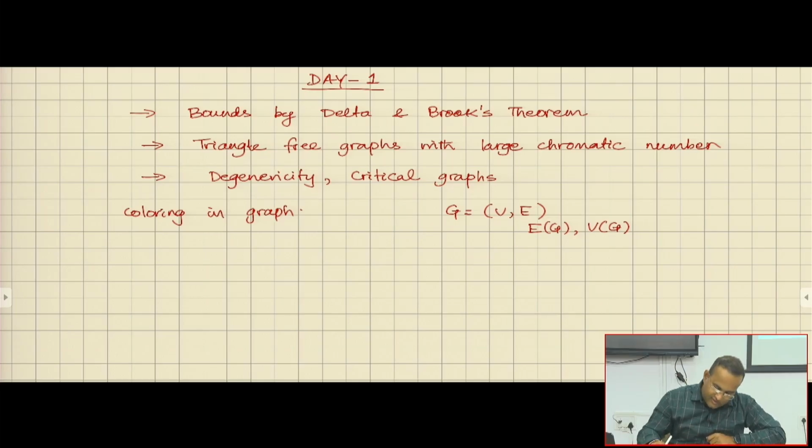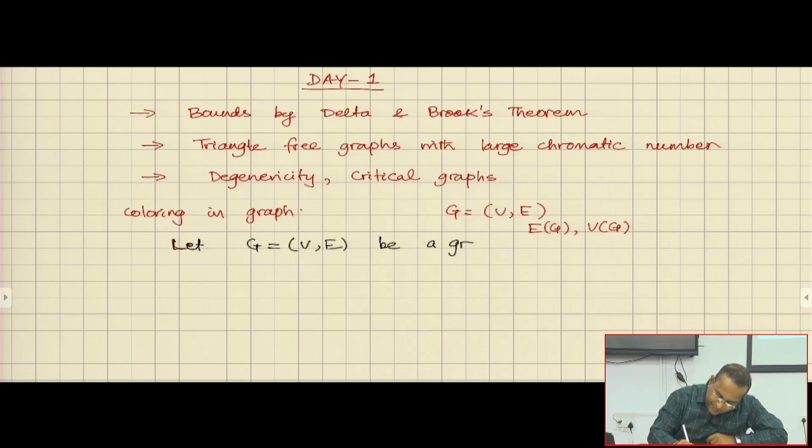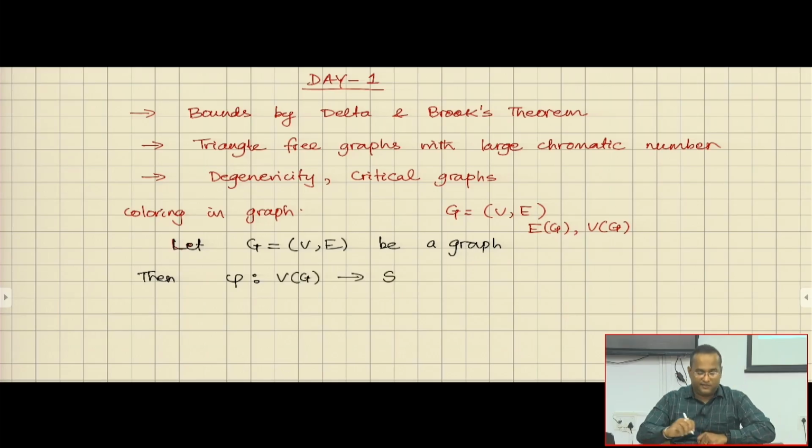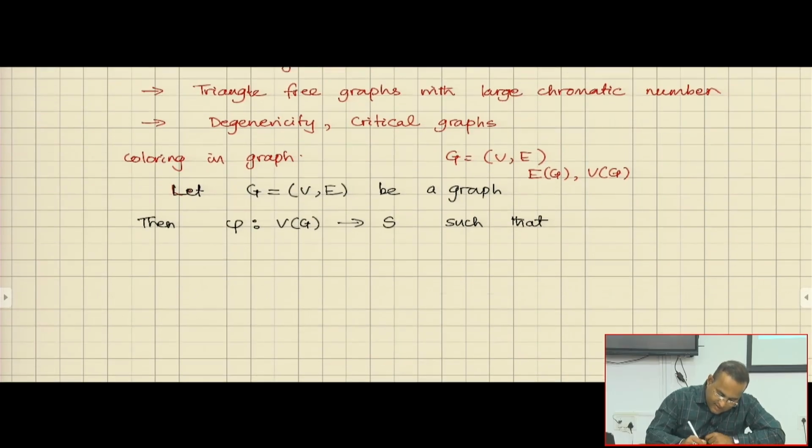Okay, suppose G is a graph, let G be a graph, then a function, let us say we define phi from the vertex set to a set such that phi of u is not equal to phi of v if u and v is an edge of the graph.